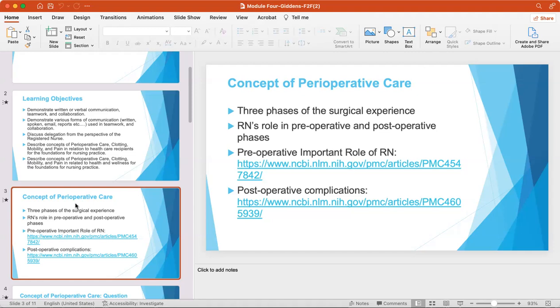If you go to this preoperative article that is provided in the slide, you will see that the orange row is what they use for the red flags before surgery.